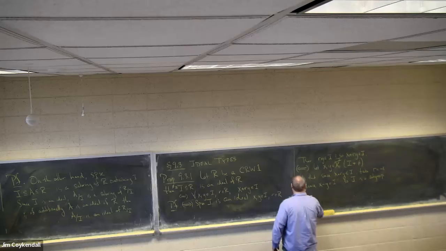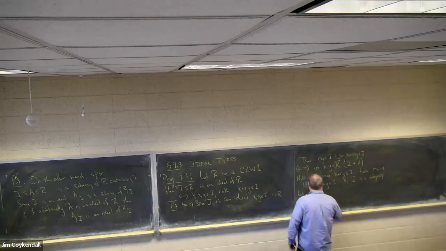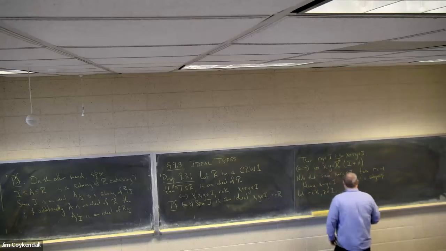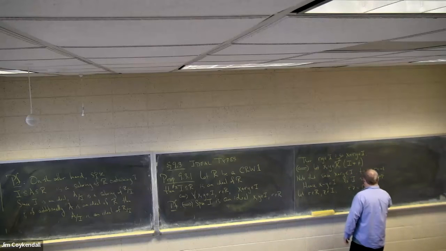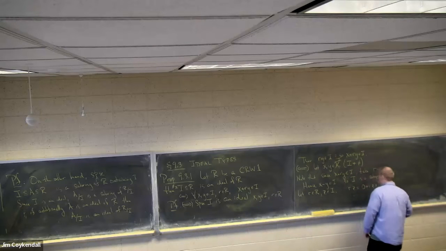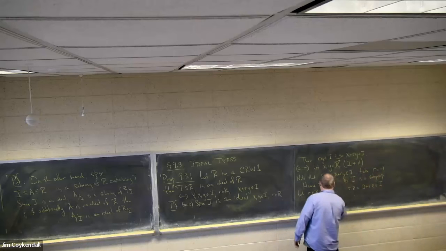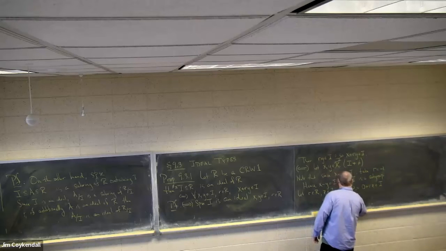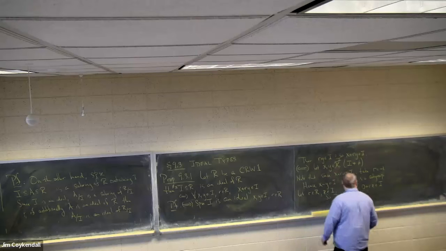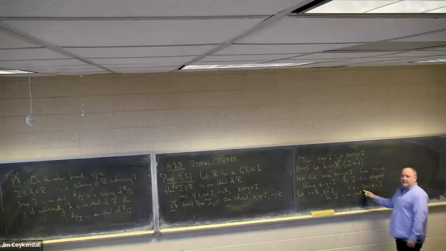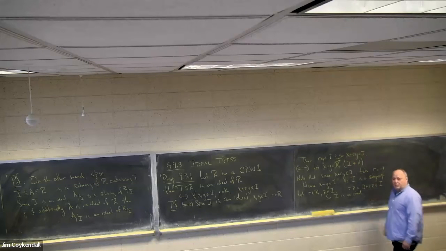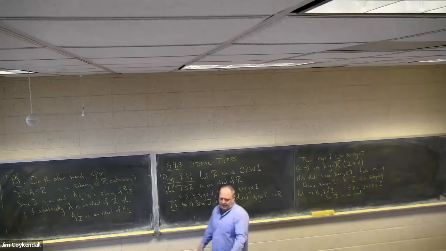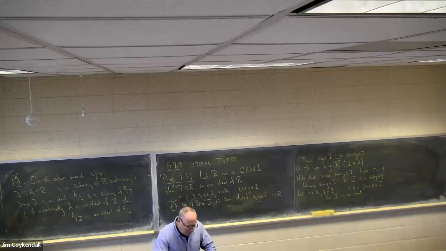Then r times zero, or zero plus r y, is in I, because zero is in I, so this is a perfectly legal move on that part. Okay, questions?